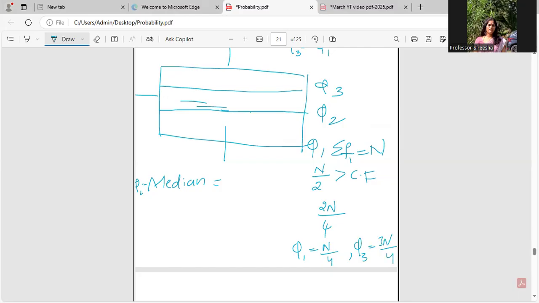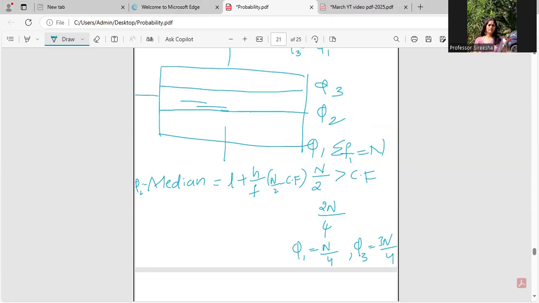The same median formula is used: L, the lower limit, plus h by f times N by 2 minus cumulative frequency.